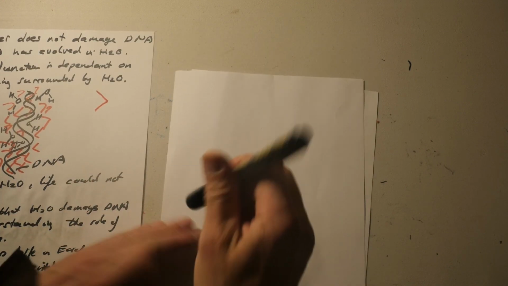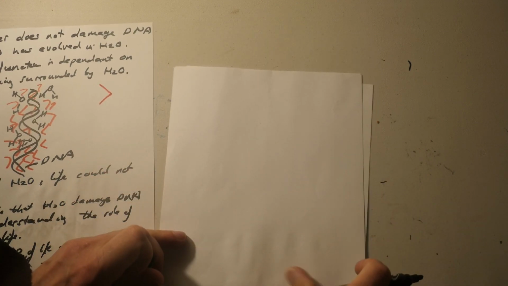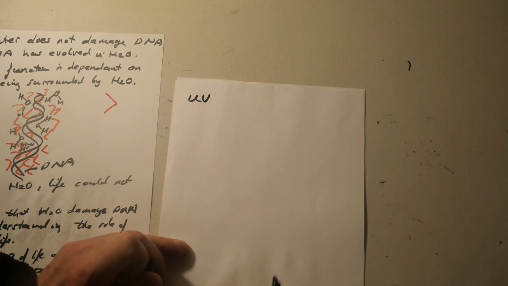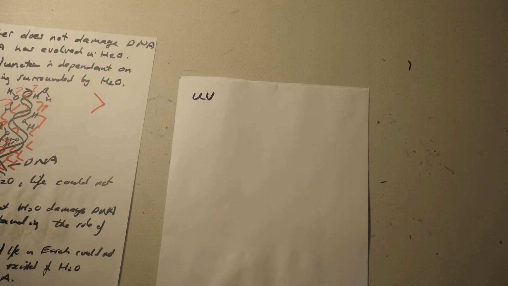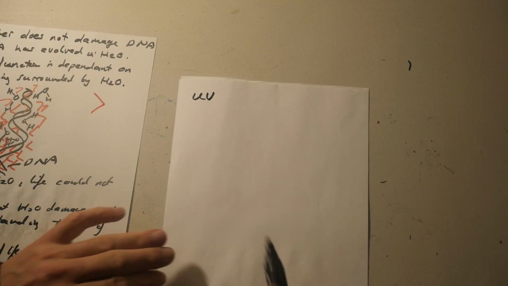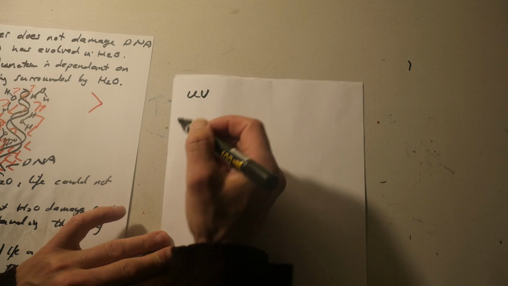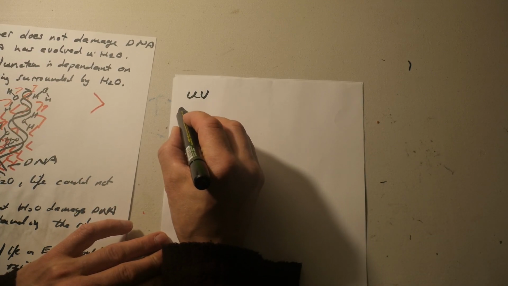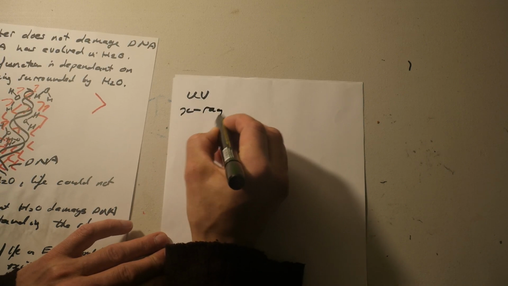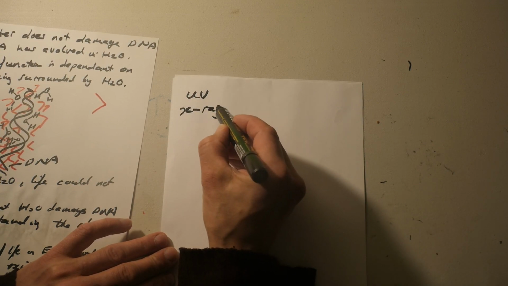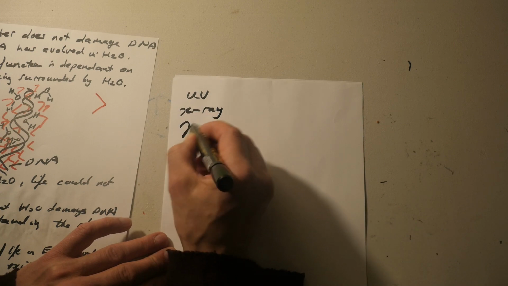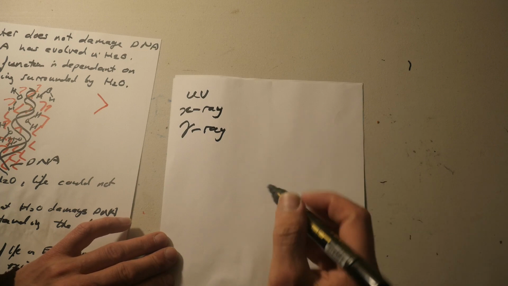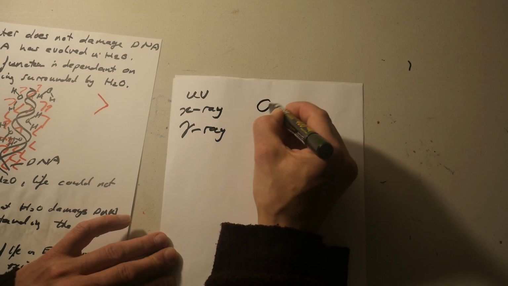The only things that do damage DNA are ultraviolet wavelengths from sunlight. Certain wavelengths can damage DNA. These cause skin cancers, mainly skin cancers because light doesn't get into your body. Plus too much X-ray exposure, though hospital equipment gives you low doses. Gamma rays are very, very destructive towards DNA, and so are oxygen free radicals.